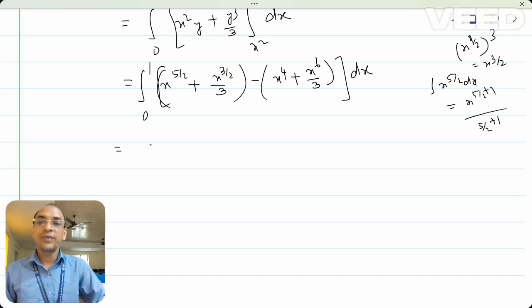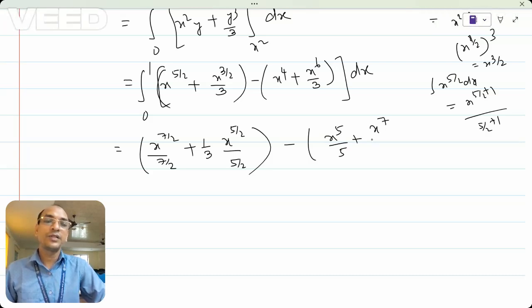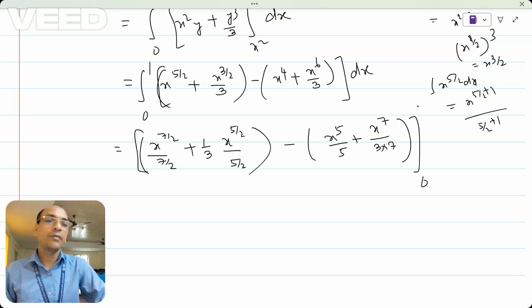So I have x to the power 7 by 2 divided by 7 by 2, plus, similarly, 1 by 3 is constant, x to the power 5 by 2 divided by 5 by 2, and minus integration of x to the power 4 is x to the power 5 by 5, and plus integration of x to the power 6 is x to the power 7, 3 into 7, and then you put the upper limit and lower limit.